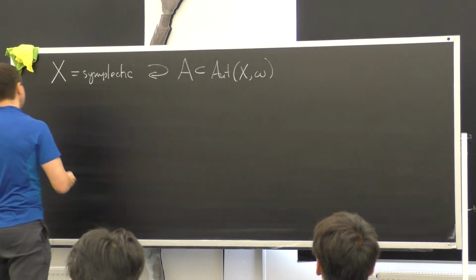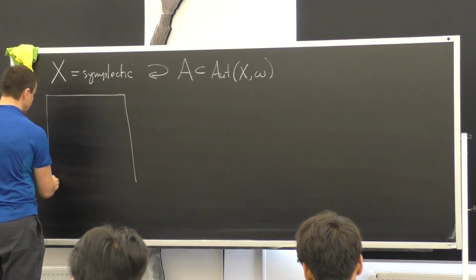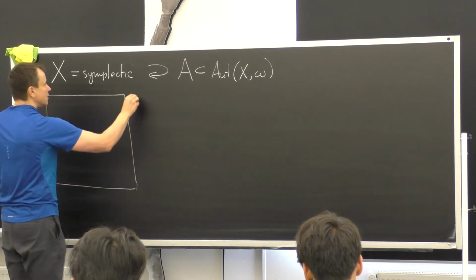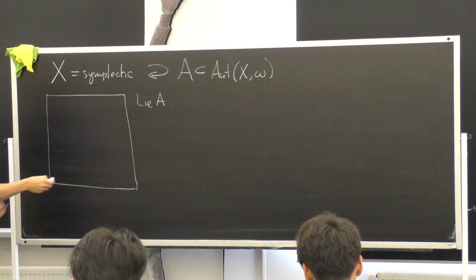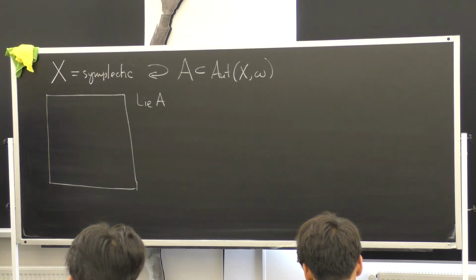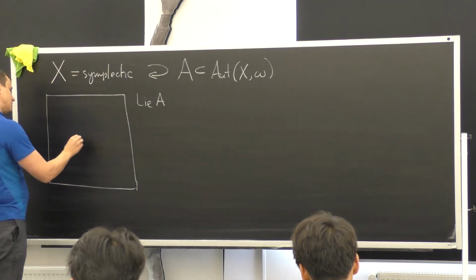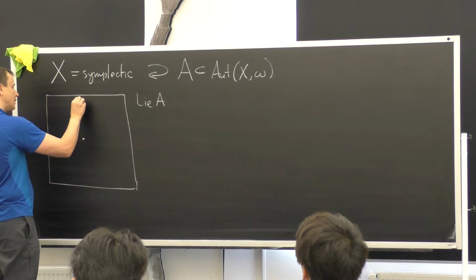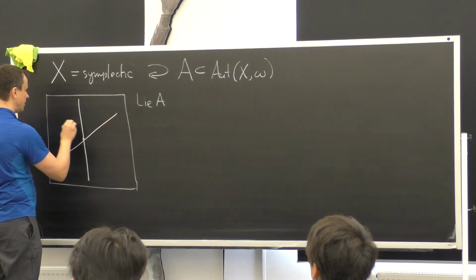And then we had this picture, where this is the Lie algebra of A, and in that Lie algebra we have an arrangement of hyperplanes.